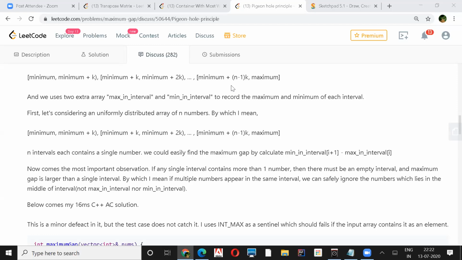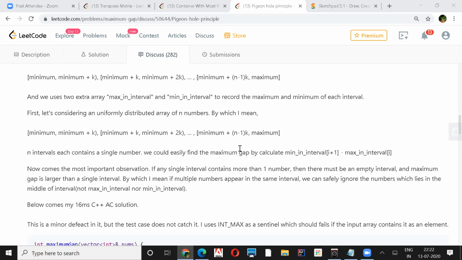That's the bucket size because interval is the division factor, right? Yeah. So if the bucket size is more, then more numbers will fall into a bucket, right?